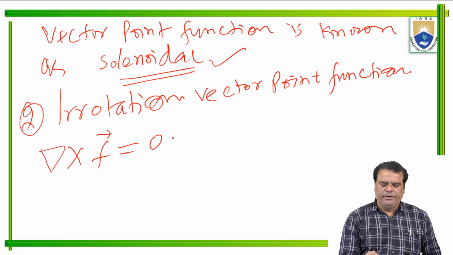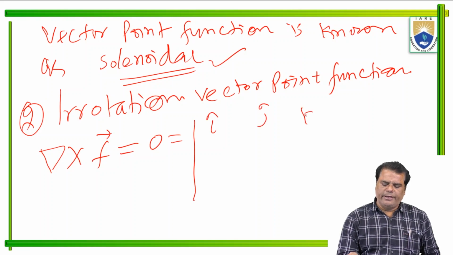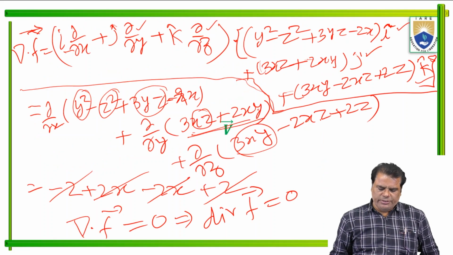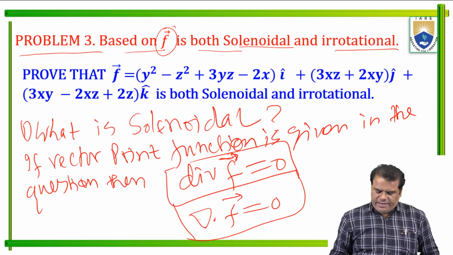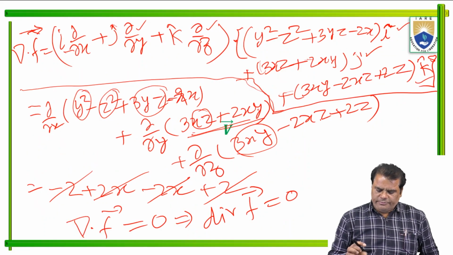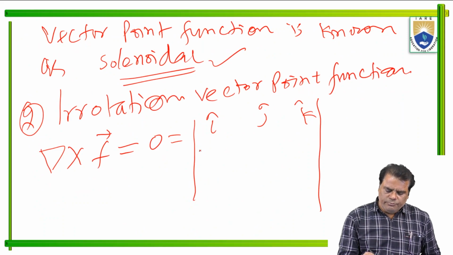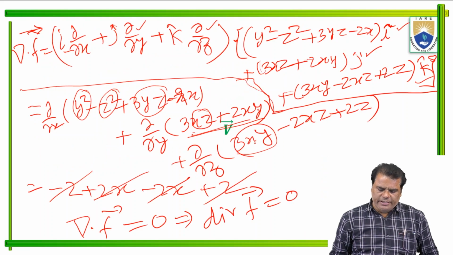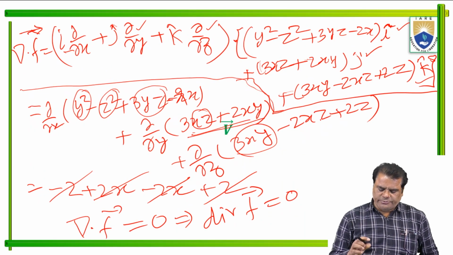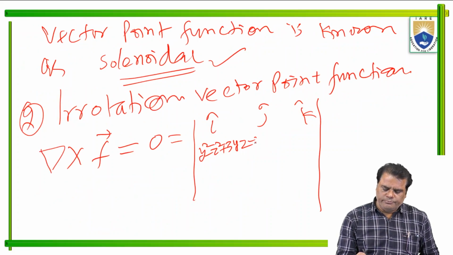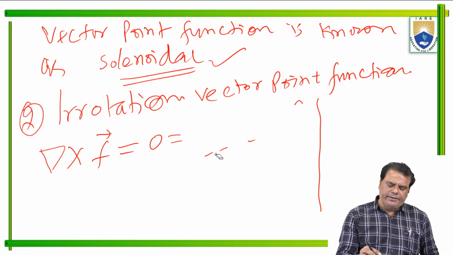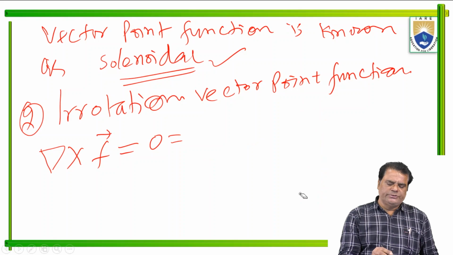Del cross f means the determinant with i, j and k, and here writing y² − z² + 3yz, and next minus 2x.